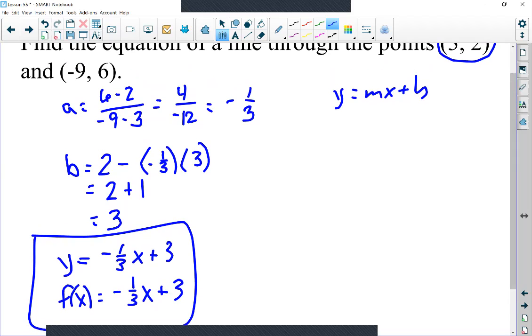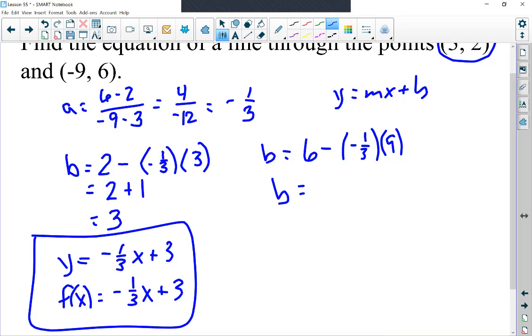Just to show that that works with the other point, if I use my other point, it would be 6 minus negative 1/3 times negative 9.